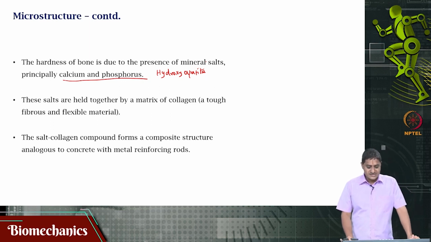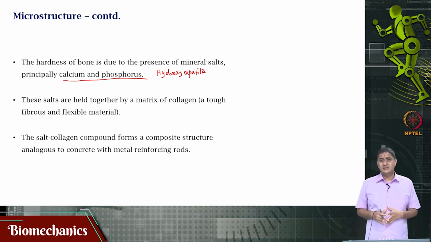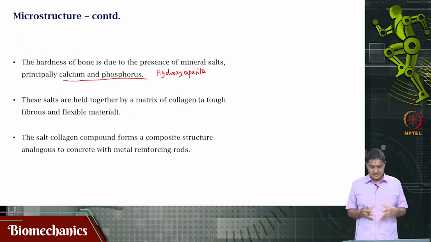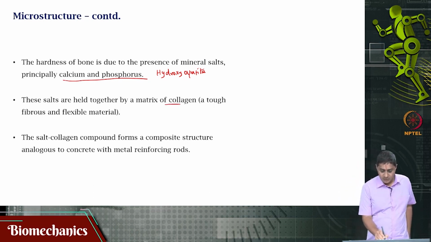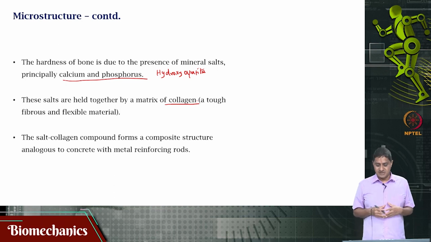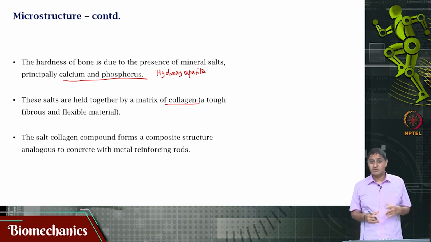Right? These inorganic materials are held together by an organic matrix, by an organic material called collagen, a matrix of collagen, which is a tough, fibrous but flexible material. Right? So, bone has both of this, both inorganic and organic material, both hydroxyapatite and collagen.